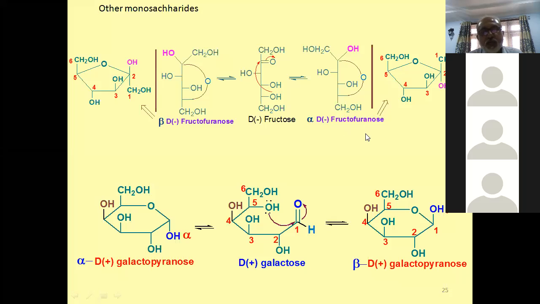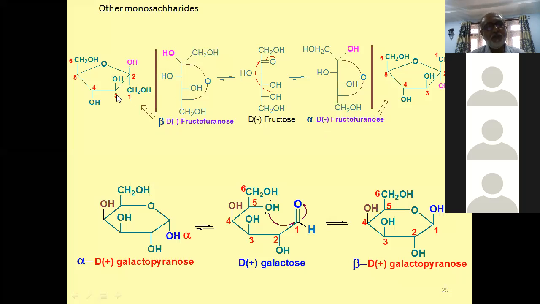In the case of glucose, that becomes pyranose. So alpha-D minus. It is minus because it is levorotatory, not dextrorotatory. Fructofuranose. And this will be beta, the OH group on the left-hand side.